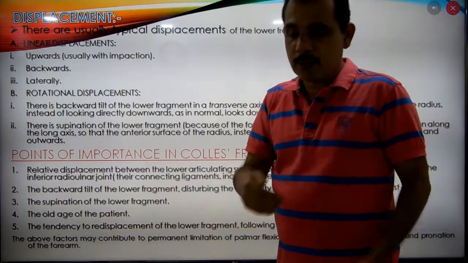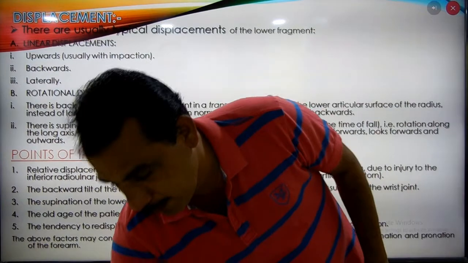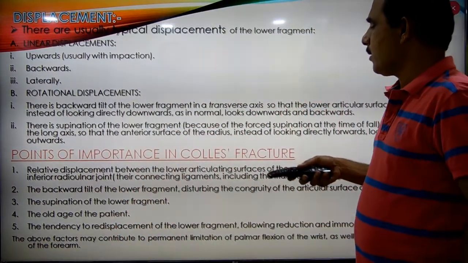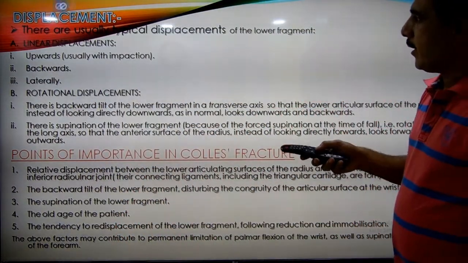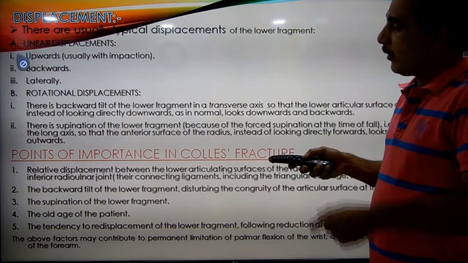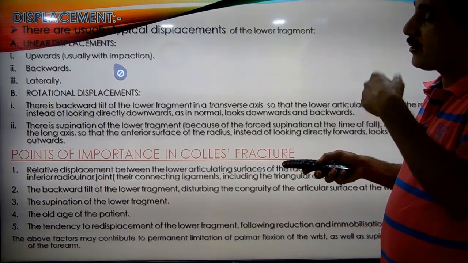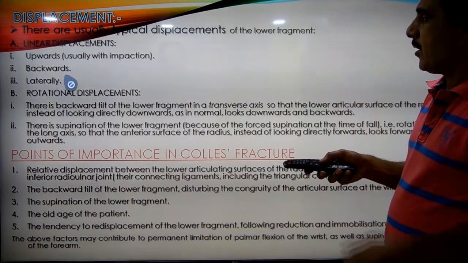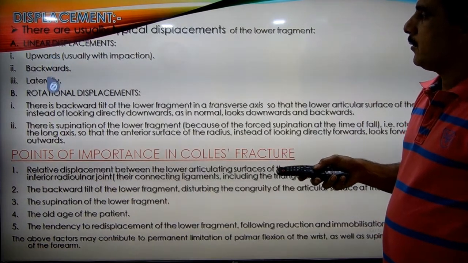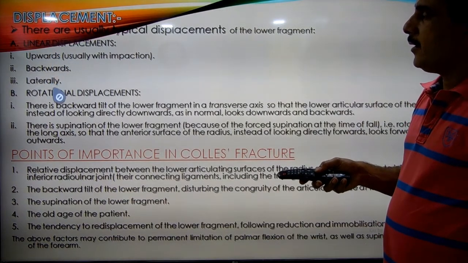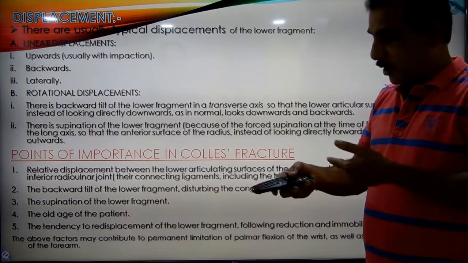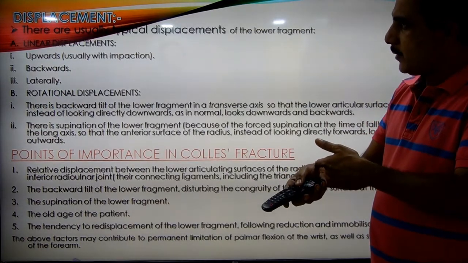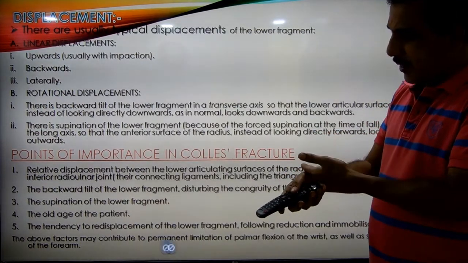Linear displacement means the displacement takes place along one axis, the transverse axis, and that is upward, backward, and laterally. It means the fracture fragment goes upward, then backward, and then laterally.